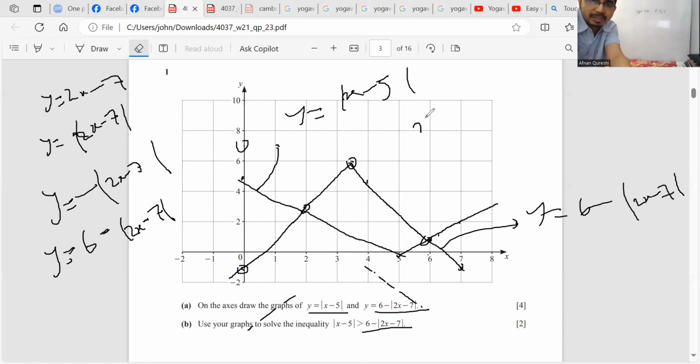So one range is x is less than 2. After x equal to 6, they are equal, and for x greater than 6 also, the graph of modulus x minus 5 lies above. So the solution of this inequality is x is less than 2 or x is greater than 6.